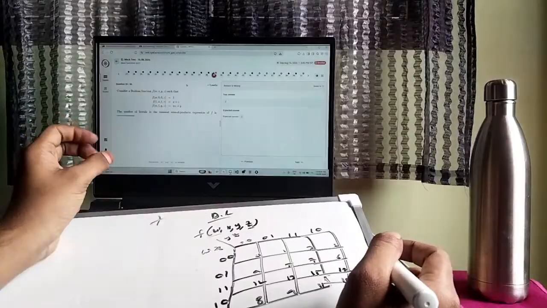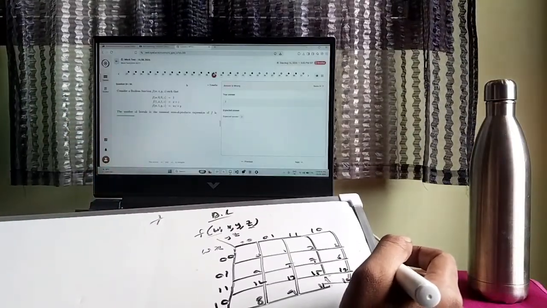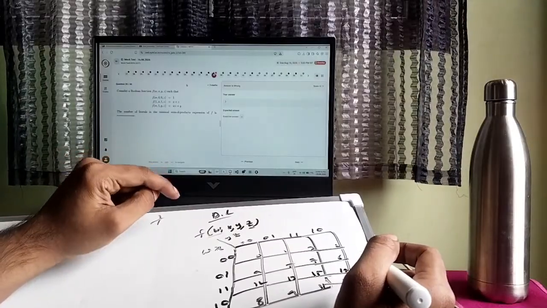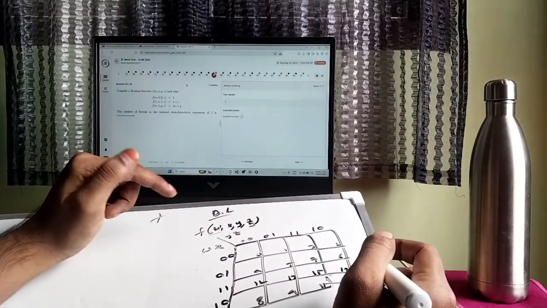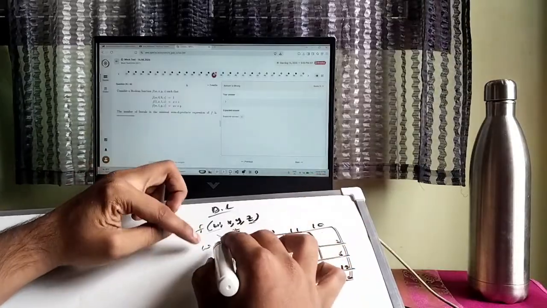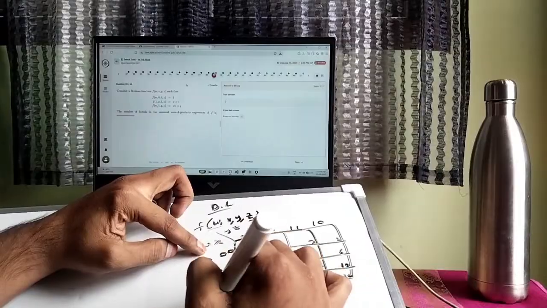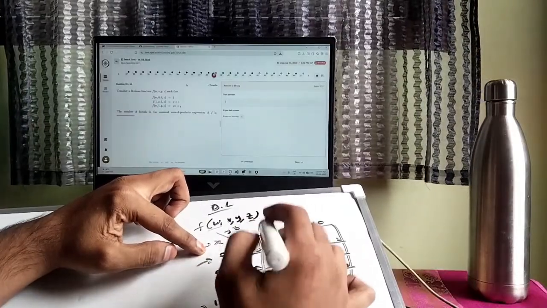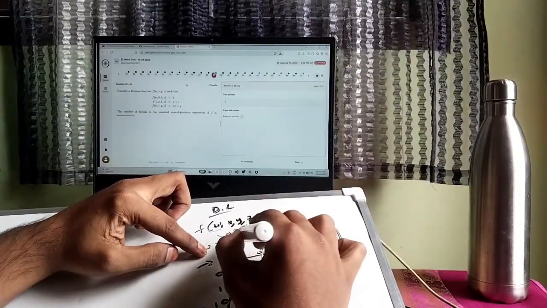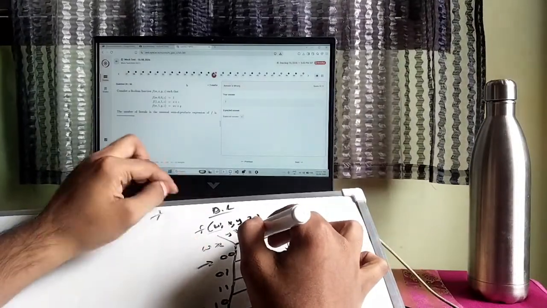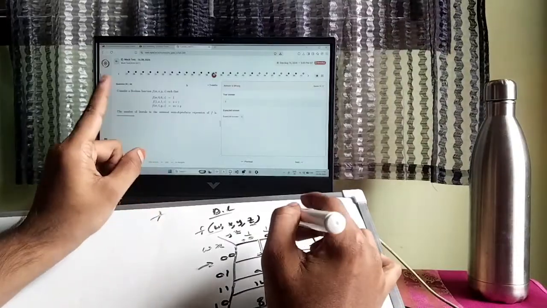The first function is f of w, 0, 0, so in place of x and y they're considering 0. Here x is 0 and y is 0, so in this intersection we have to make it 1.